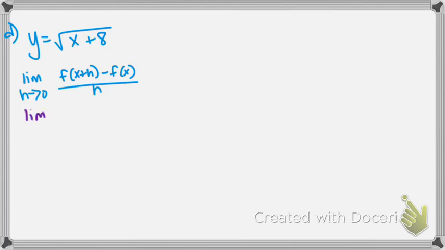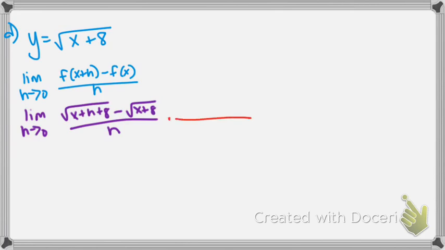All right, limit h approaches 0. Radical, replace x with x plus h minus the original all over h. If I were to envision subbing in h equals 0, it's two radicals subtracted that are the same. So that top's going to be 0, bottom's going to be 0. I'm going to go ahead and multiply by the conjugate.